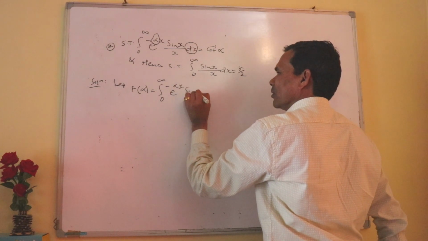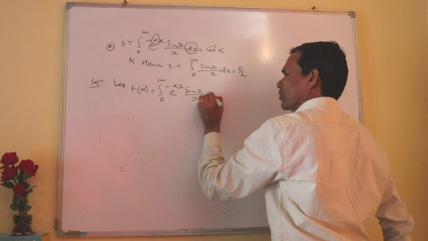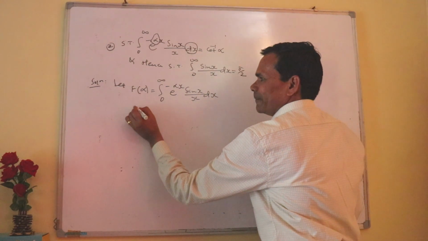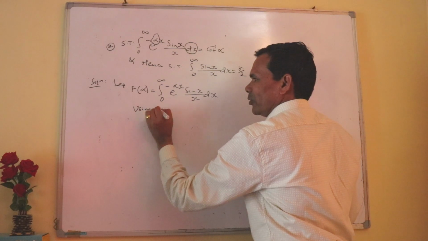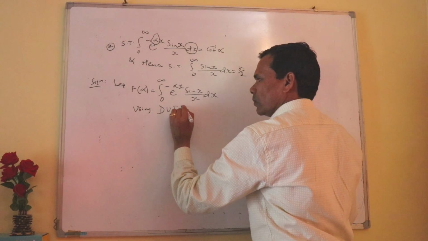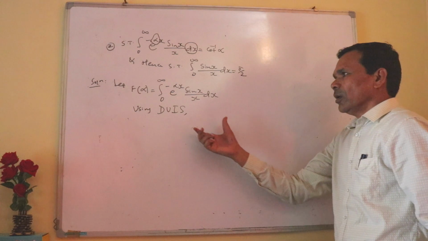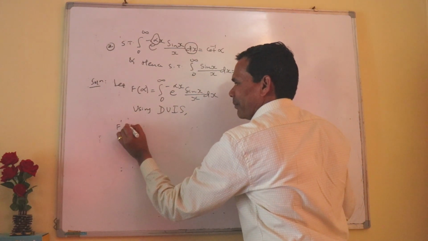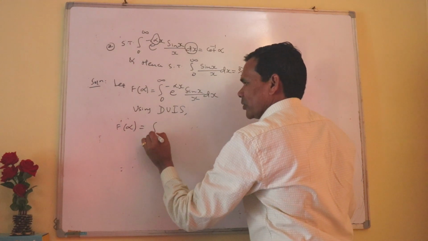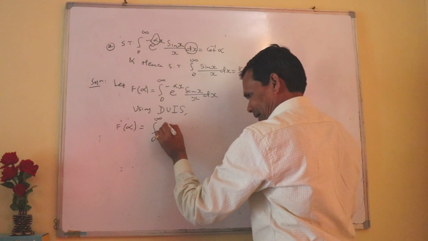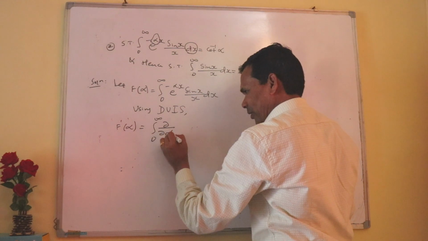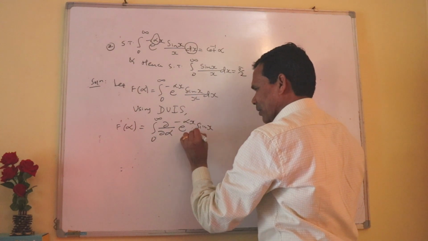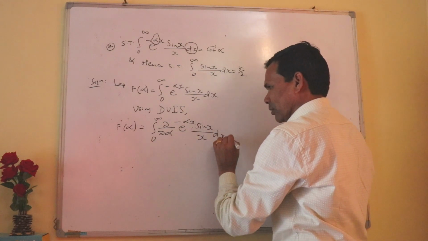So we use DUIS here, differentiating using DUIS first rule with respect to alpha, f dash alpha is equal to integral 0 to infinity, under the integral sign with respect to the parameter, e raised to minus alpha x sin x upon x dx.